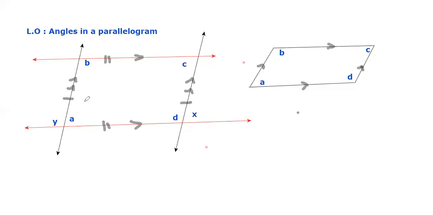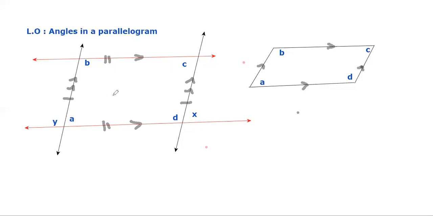Seeing that this is parallel to this and this is parallel to this, and they are joined at the corner, is enough to show you that it is a parallelogram.